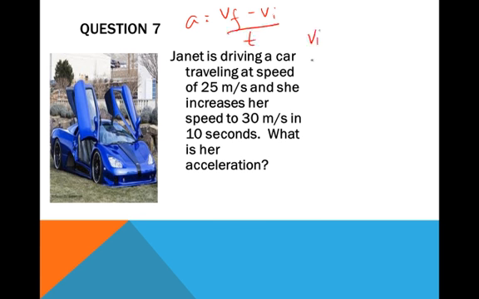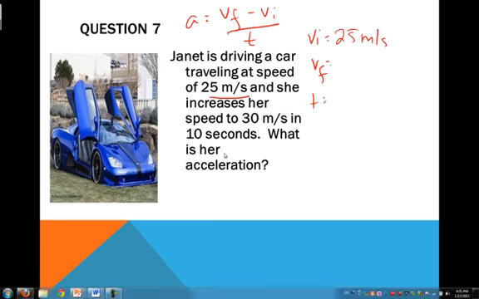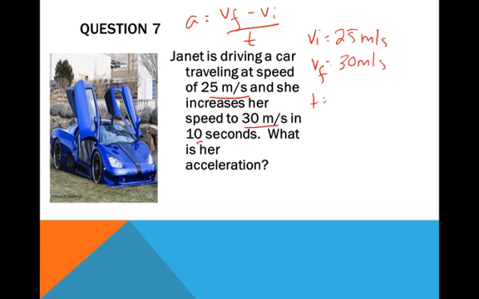I'm going to write here VI, VF, and T. So she's traveling at a speed of 25 meters per second. So that's your initial, that's what you start at. And she increases her speed to 30 meters per second. So that's your VF. And she did this all in 10 seconds.